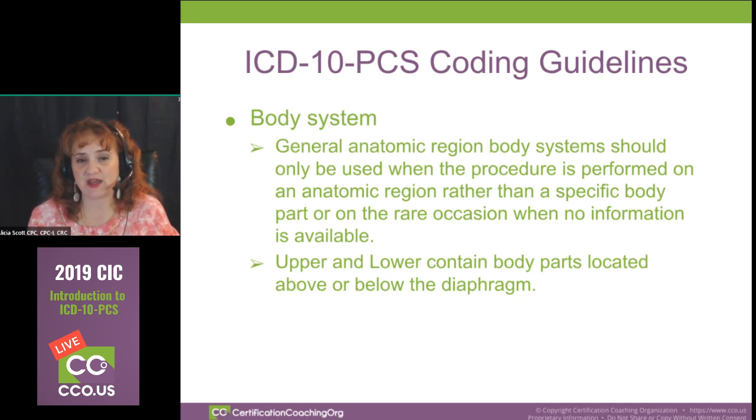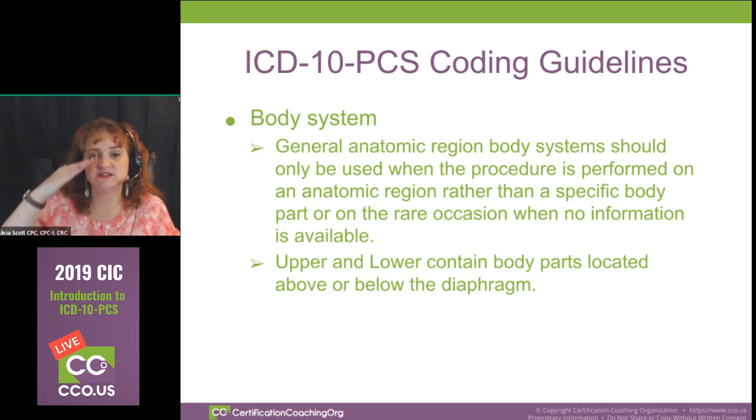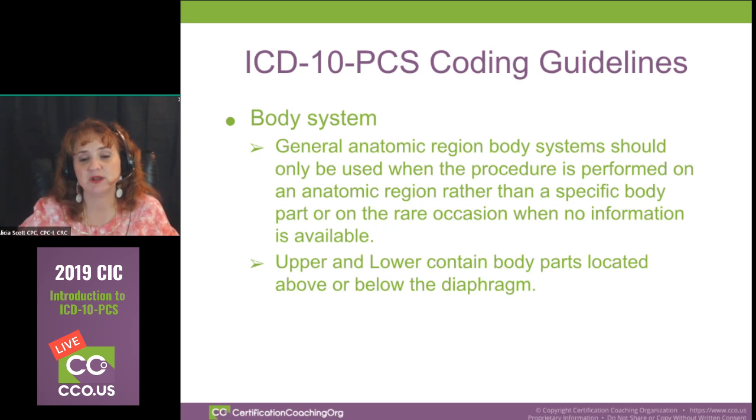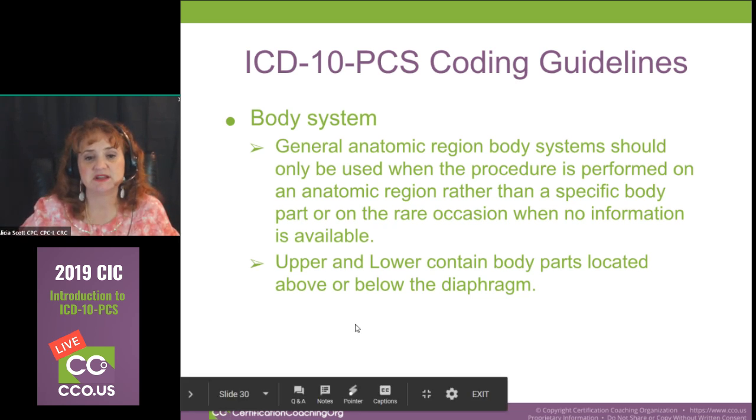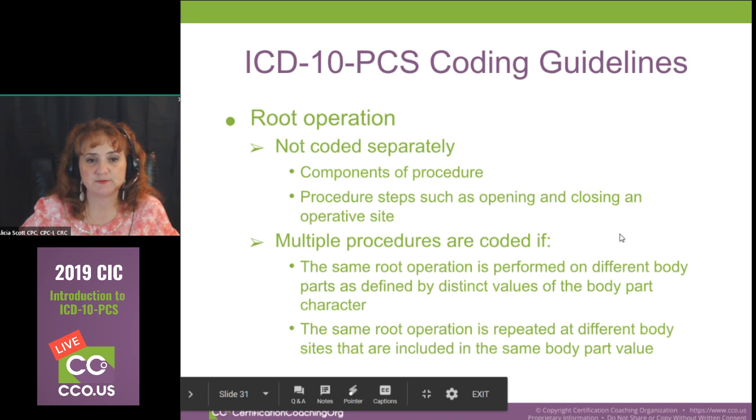If you don't know that, then you need to pick up an anatomy and terminology course, and CCO offers that for you. Be very careful about information on upper and lower body parts. The dividing line is the diaphragm in PCS. So everything above the diaphragm is upper and everything below the diaphragm is lower.